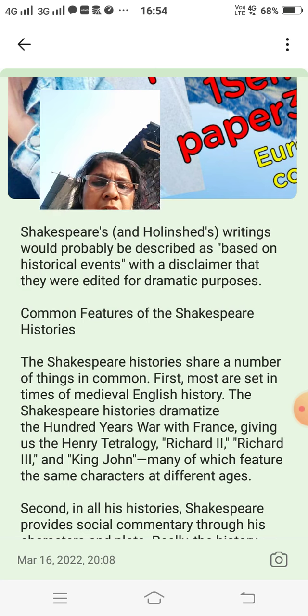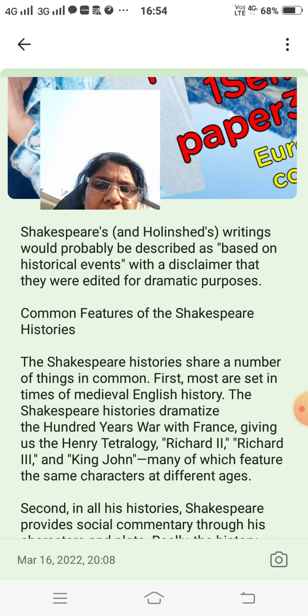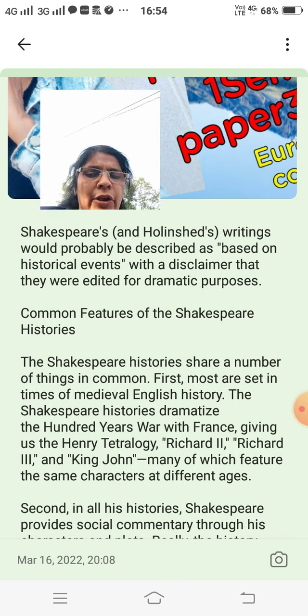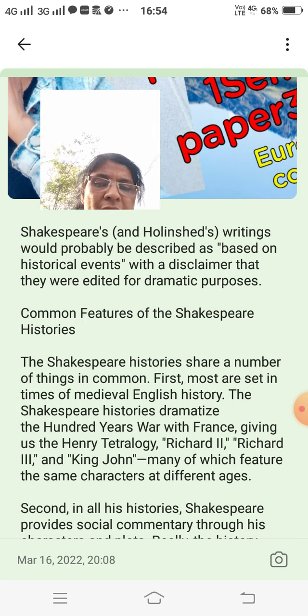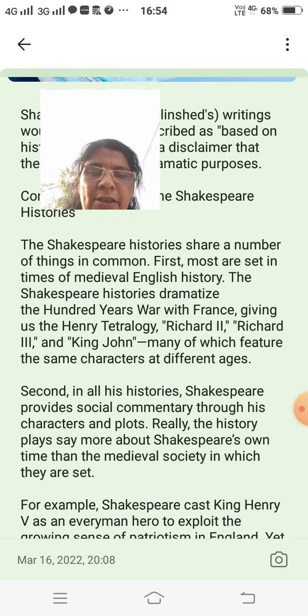The Shakespeare histories dramatize the Hundred Years' War with France, giving us the Henry tetralogy, Richard II, Richard III, and King John, many of which feature the same characters at different ages.